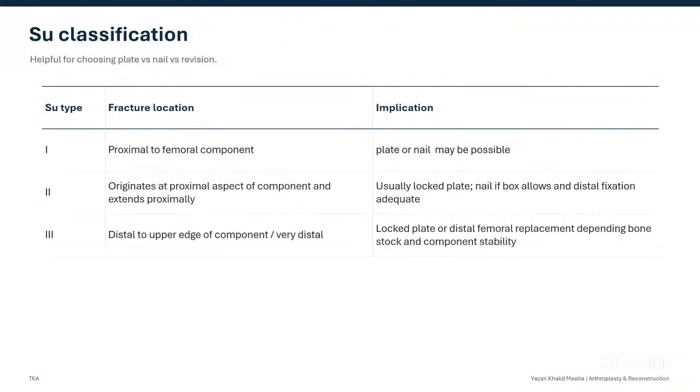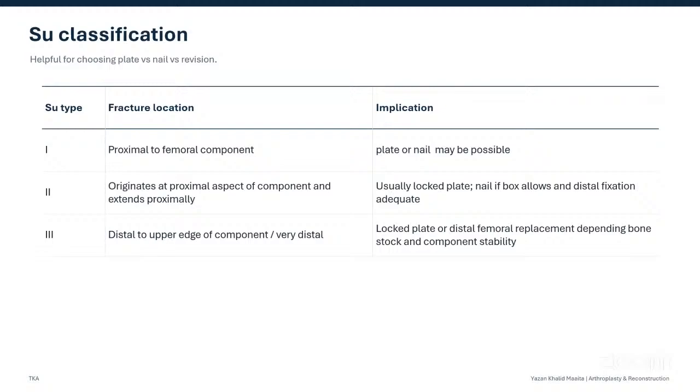The SU classification is helpful to choose the plate versus the nail or revision. It depends on the fracture location and application. In type 1, the fracture is proximal to the femoral component. When it is proximal to the femoral component, you can use a nail or a plate when there is sufficient bone stock.